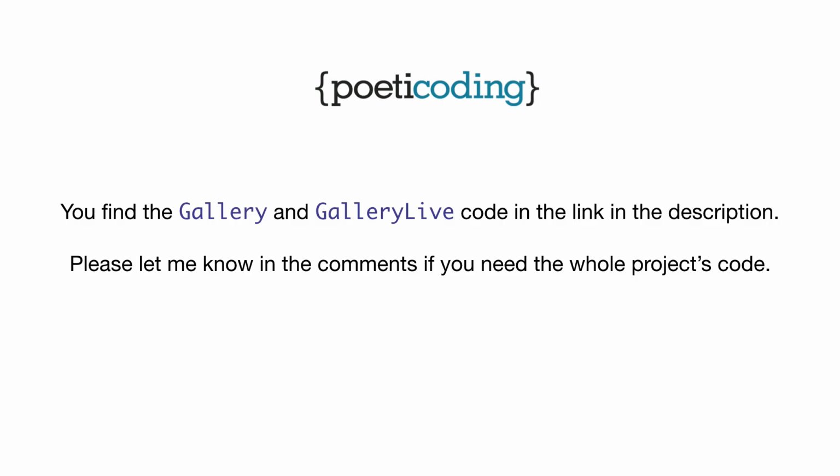So what's next? We've seen a lot in this episode, and you can find the code of the two modules, Gallery and Gallery Live, in the link in the description. And if you want the whole project's code, please let me know in the comments below, so I can, in that case, package it in a zip file or create a GitHub repository.